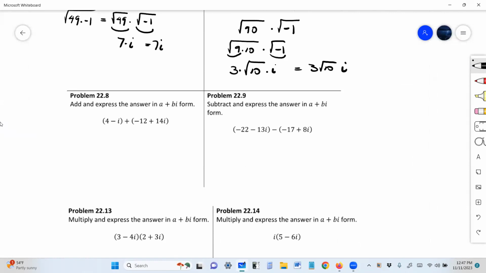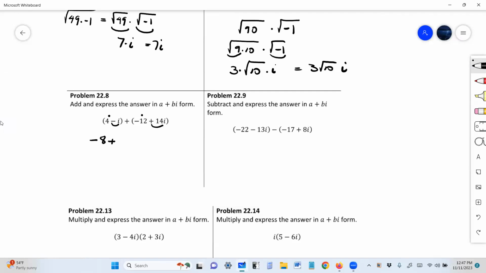How about these two, addition and subtraction? Same as before, right? 4 minus 12 minus i plus 14i, just as if I had x plus minus x plus 14x.